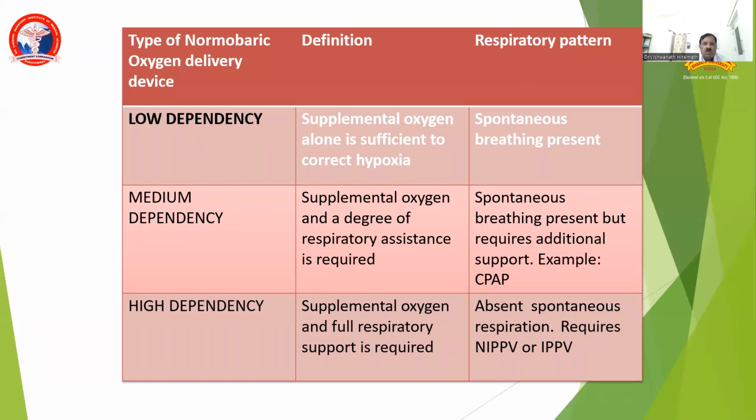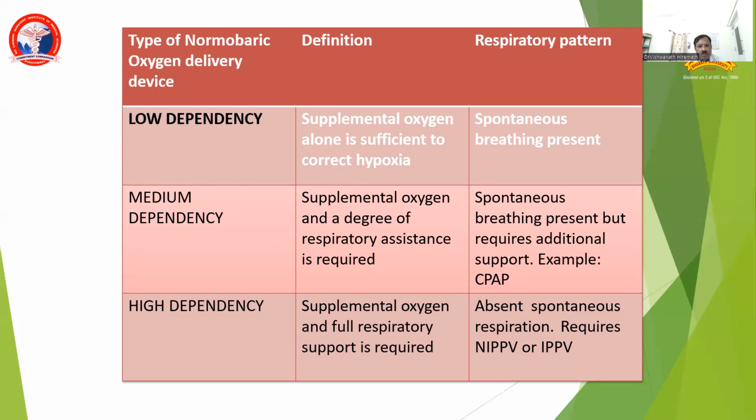Low dependency. What do you understand by low dependency? In low dependency, the patient is spontaneously breathing. Supplementation of oxygen alone is sufficient to correct hypoxia. No additional support is required.